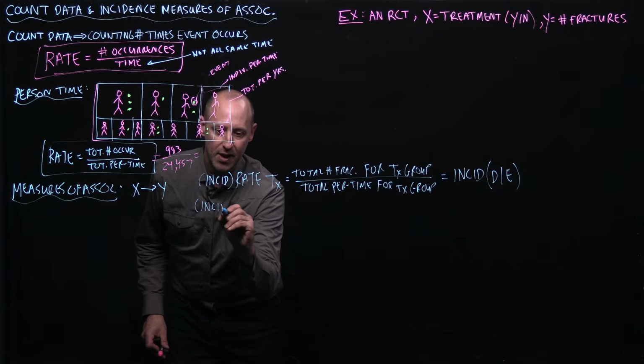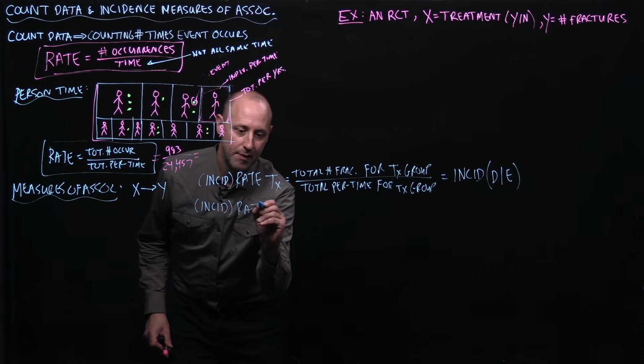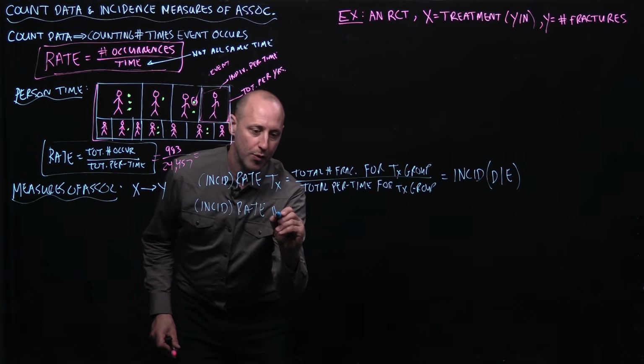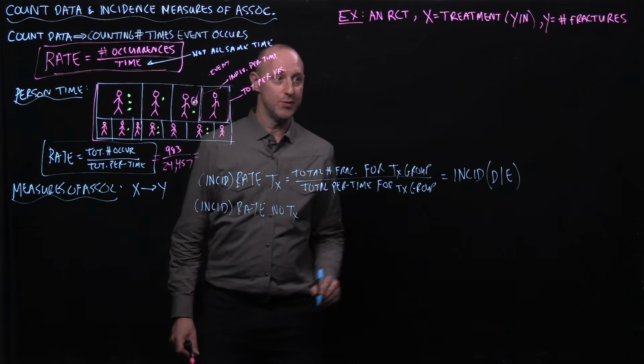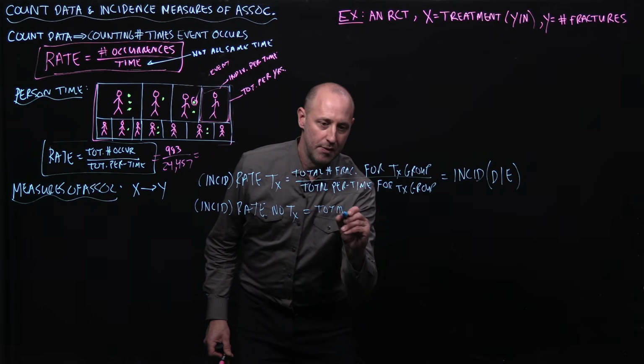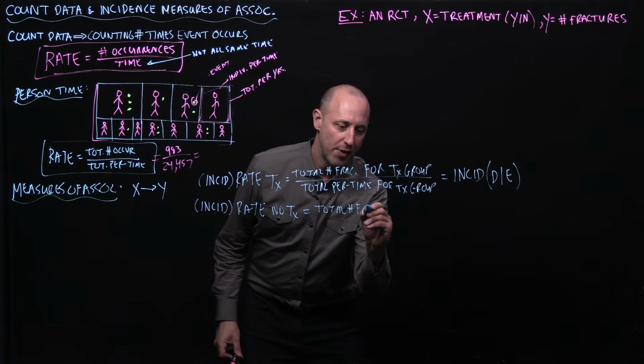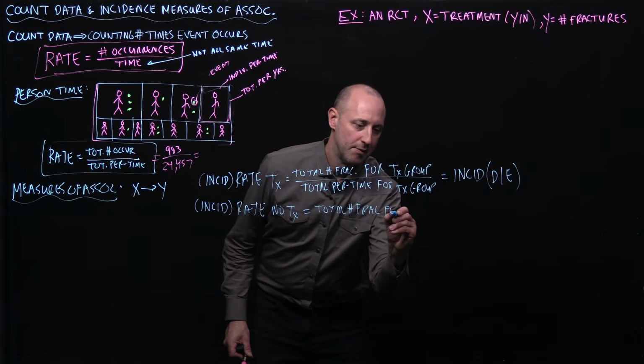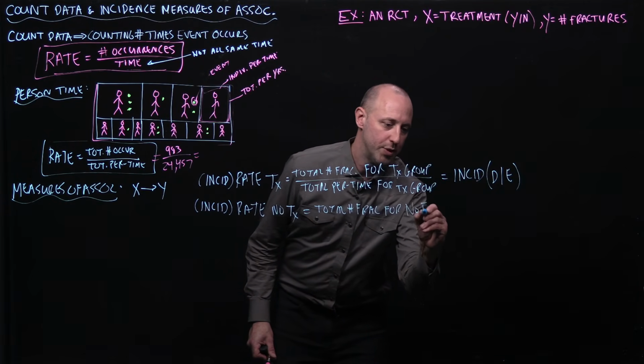Then we can also think of calculating the incidence rate for the no treatment group, right? Those who did not receive the treatment. And similarly, this is going to be the total number of fractures for the no treatment group.